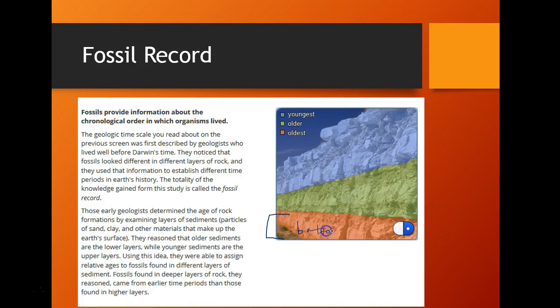Because it's on the bottom, it must be the oldest, because that means that after these organisms here were fossilized, then these were next. And then the top layer would be last. And if they're last, then that means that they would be the youngest fossils or the more recent organisms.